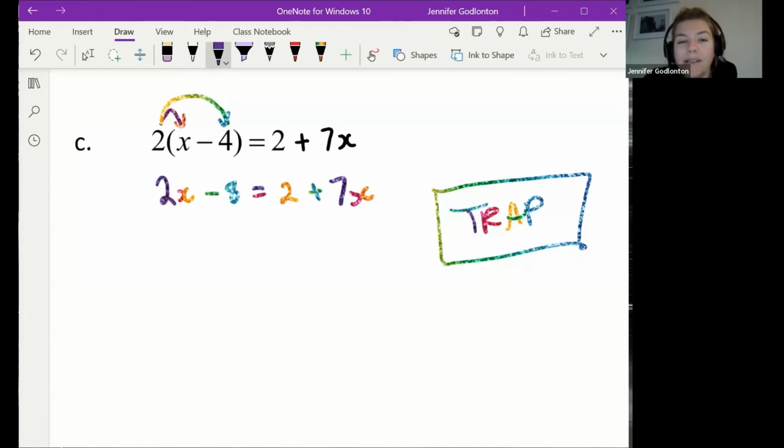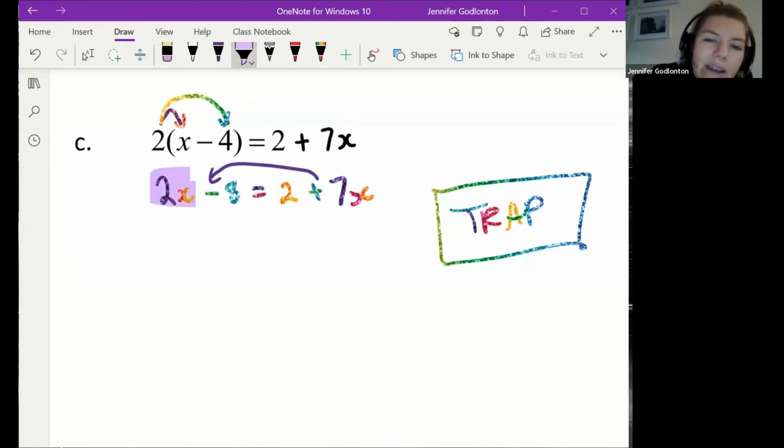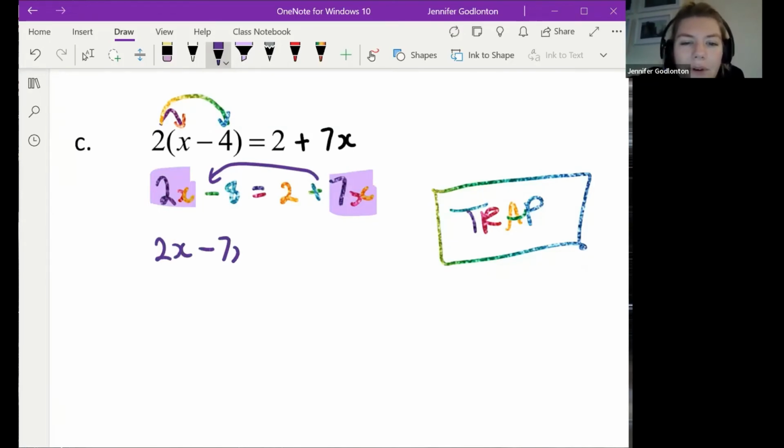Okay, so am I moving my 7x to the left or am I moving my 2x to the right? I'm moving the 7x to the left. Okay, so I'm going to move that guy over here so that my x's are together. So, ma'am, it's going to be 2x minus 7x. Beautiful. Equals to 2 plus 8.